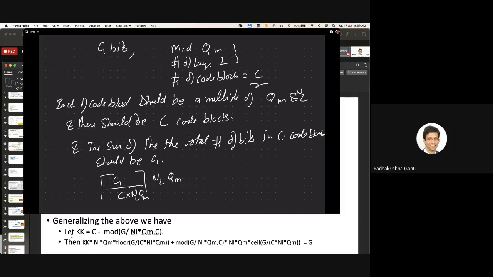If you take this as the size of the code block, this automatically will be a multiple of both NL and QM. But what is the problem? This into C need not be equal to G, because that's the total number of bits that you can fit in your grid. So some of them will have ceilings and some of them will have floors.